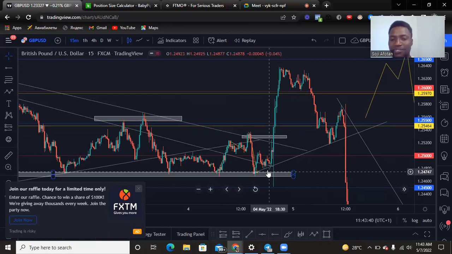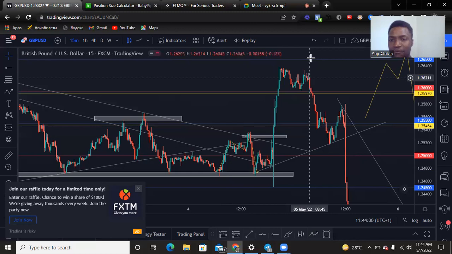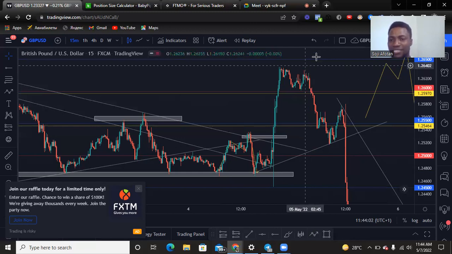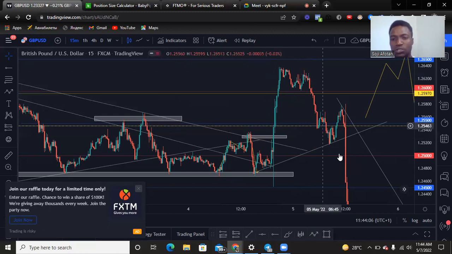Now, mine is once I start seeing multiple wicks rejection around here, or if I see a morning star around this point, most trades I've been taking recently, once I see a morning star form around this level, I'll just start getting in. Or if I see an evening star forming around this resistance level, I would start getting in for a short trade.